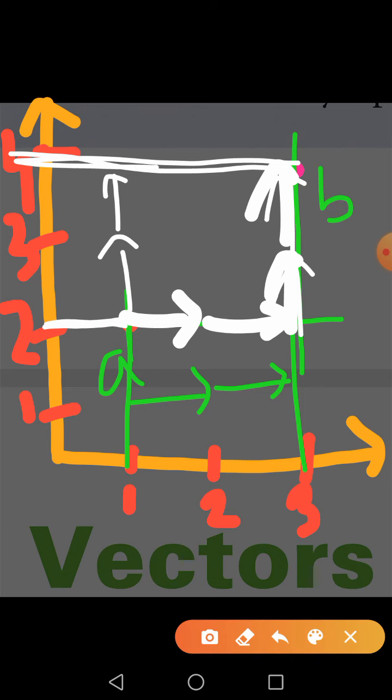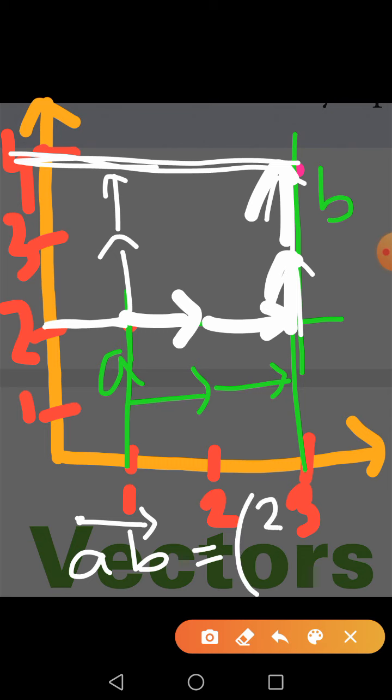So if you want to go from A to B, then you have to move 2 units along the x direction or x axis and 2 units along the y axis, for which we are saying it as 2, 2.